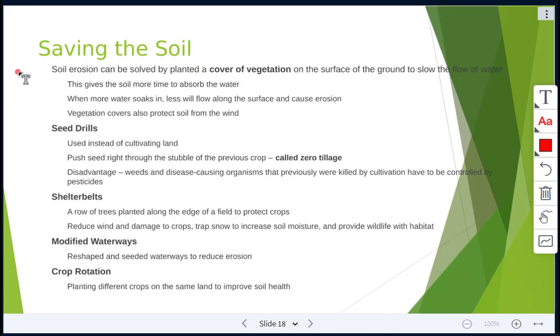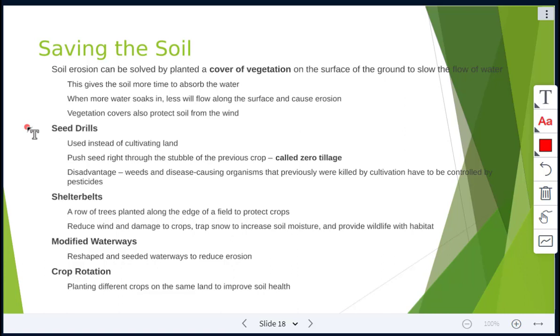That will slow the flow of water. It gives the soil more time to absorb the water, and when more water soaks in, less will flow along the surface and cause erosion. Because the plants and roots are there, they'll take up the water and nutrients. Having vegetation there will also cover the soil and protect it from wind.